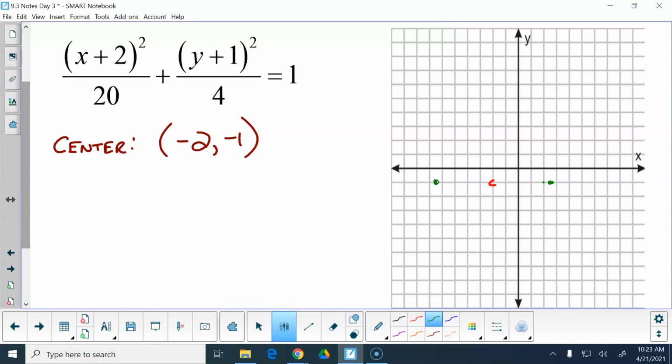Up and down. Two. Allows us to draw it in.